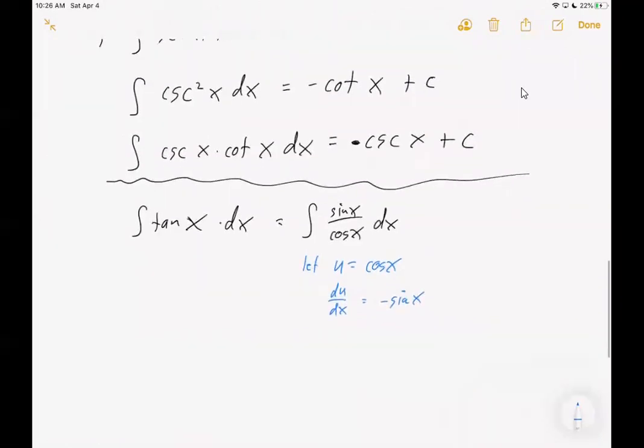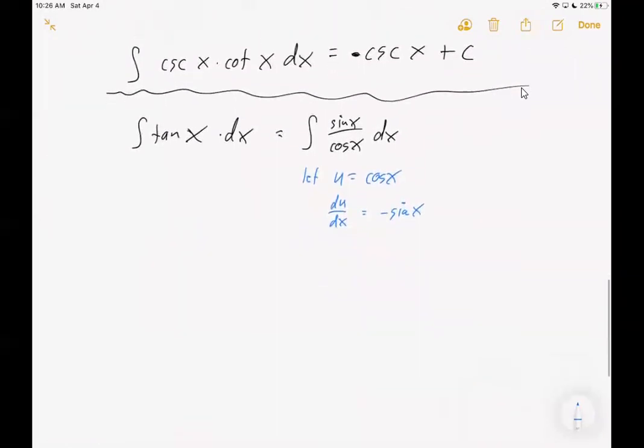So if we do a little bit of rearranging, I'll do it in method 2 here. du is negative sine x dx. So dx is equal to du over negative sine x. So we can rewrite this as negative the integral, the sine x will cancel out. I brought the negative out front already.